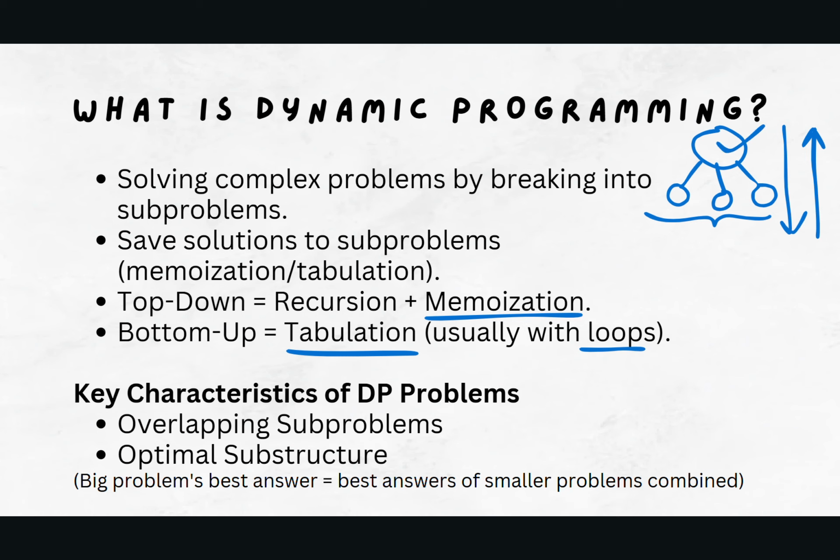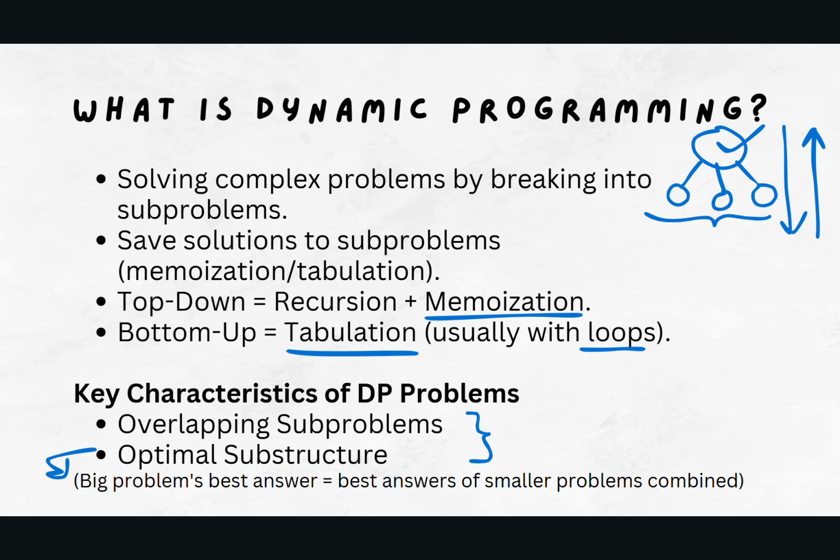So you need to know that not all problems can be solved by using dynamic programming, okay? You have to satisfy these two characteristics for a problem to be satisfied by DP. So what are these two characteristics? They are overlapping subproblems and optimal substructure. So this optimal substructure means this: like a big problem's best answer is the best answer of smaller problems combined.